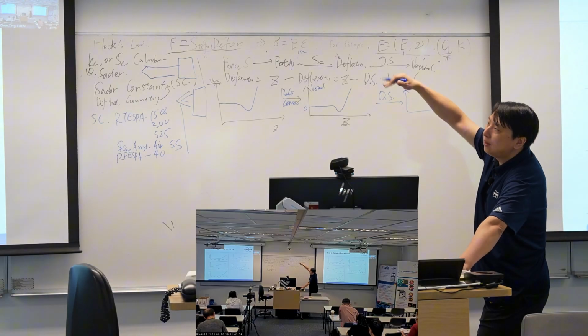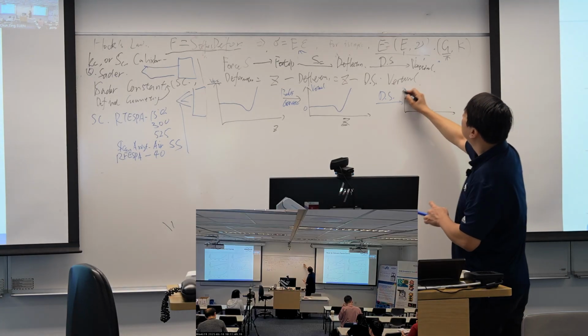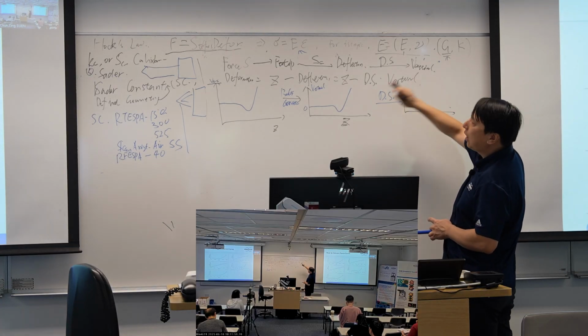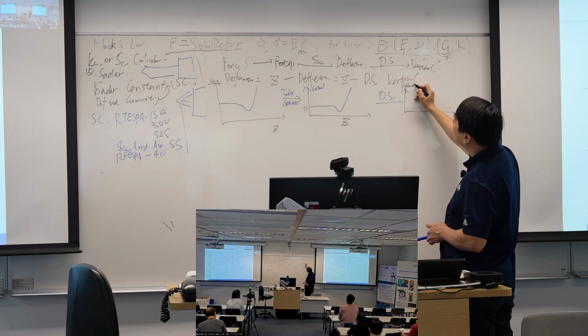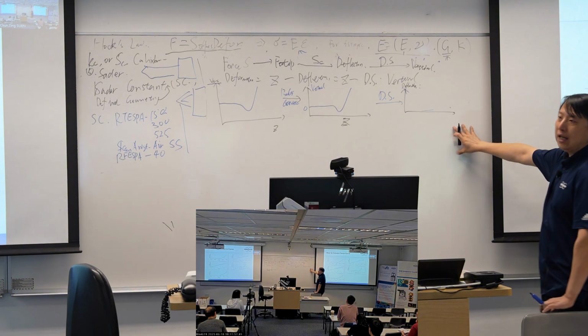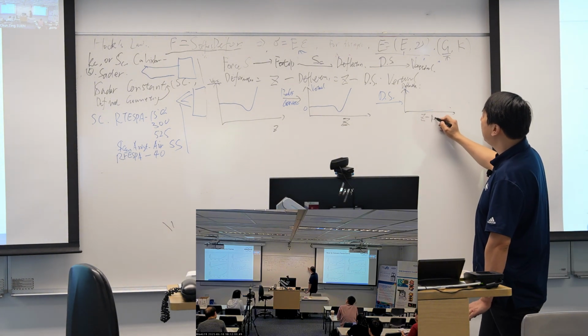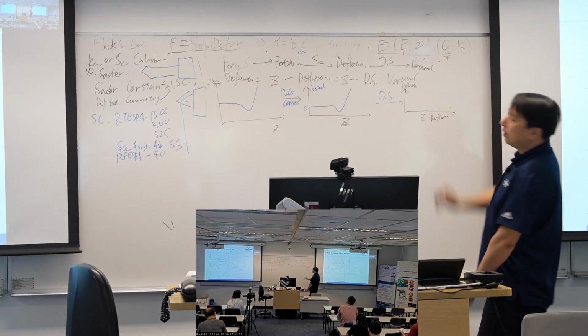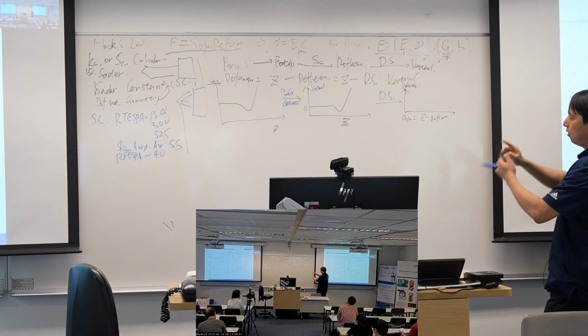So the y-axis is now deflection sensitivity times vertical, so it becomes deflection. And for the x-axis, you can do Z minus deflection, which is deformation. So you get a curve.